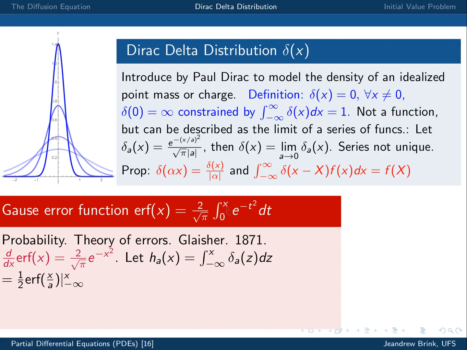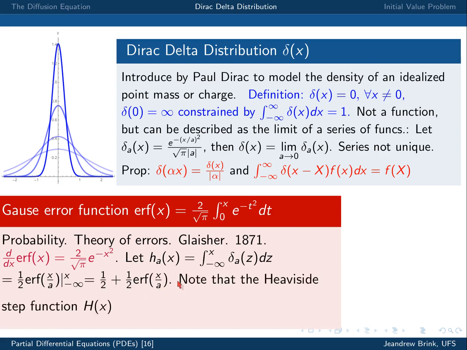For it to be evaluated at infinity, it's just the total area under this graph, e to the minus t squared, which is 1. So you basically have a half from the minus term plus a half times the error function evaluated at x over a. Okay, so there's a clear connection between the area under these delta a series, which eventually limits to the delta function, and the error function, and it's given by this expression.